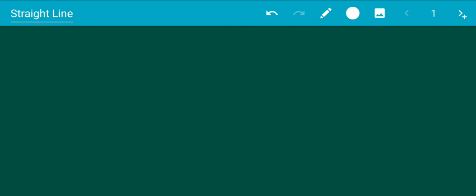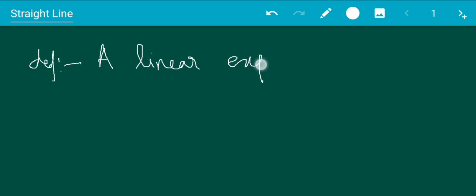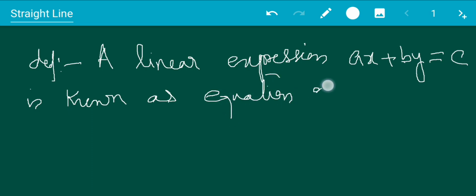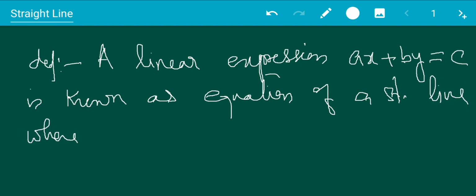So what is the equation of a straight line? The definition of a straight line is, you can call it a definition or simply that, a linear expression ax plus by equal to c is known as the equation of a straight line, where, remember one thing, when we say straight line we mean a straight line in 2 dimensions.